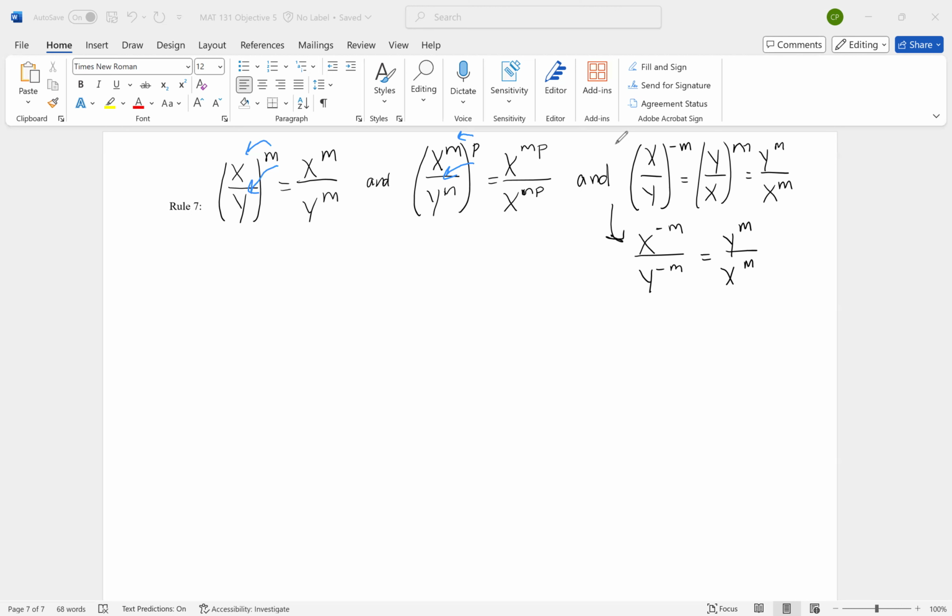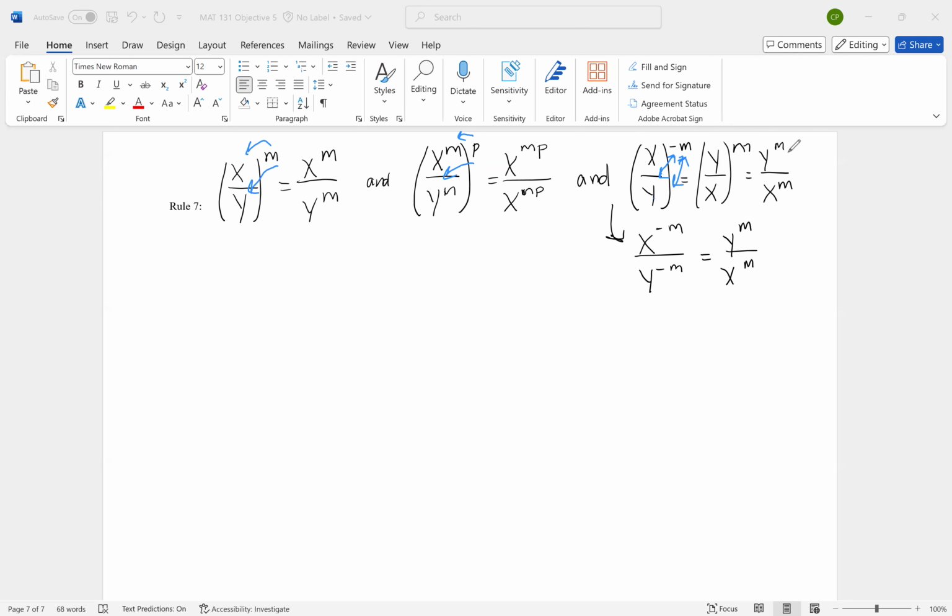The other part of rule number 7 kind of has rule number 6 included. So if we have x over y to the negative m, we can do the reciprocal, okay? And when we do that reciprocal, it's going to make that m go from a negative m to a positive m.